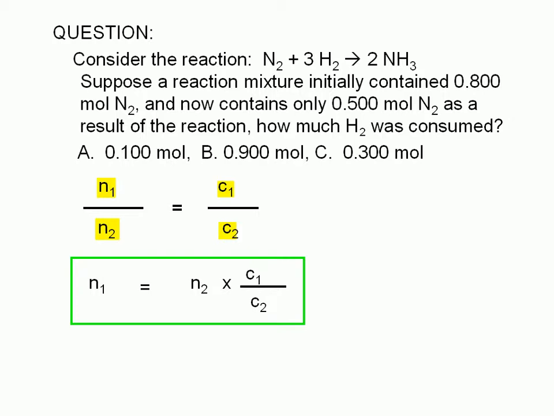If you know the moles of a reactant consumed or the moles of product produced, assign that to N2. Then, to figure out the corresponding change in moles of another substance, simply multiply N2 by a conversion factor based on the coefficients of substances 1 and 2.